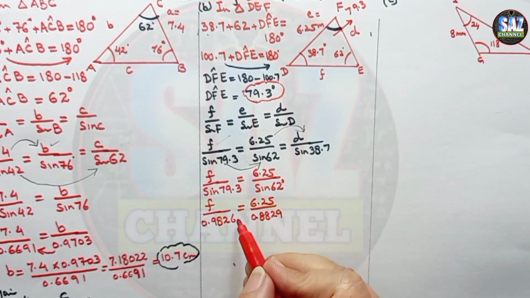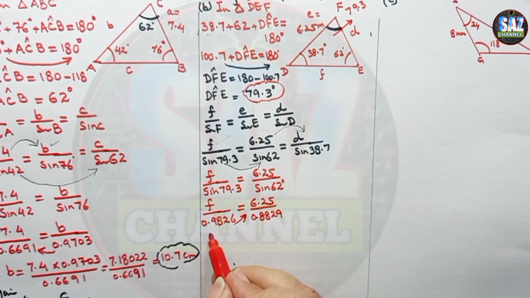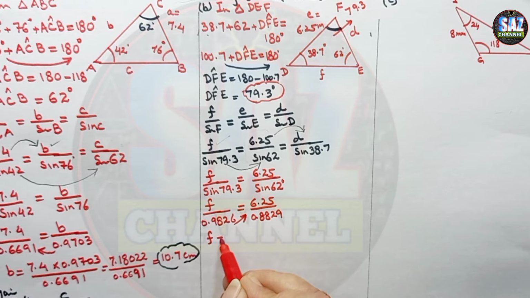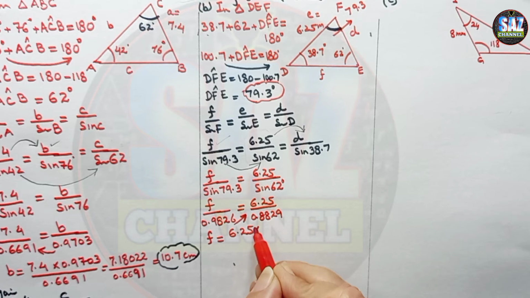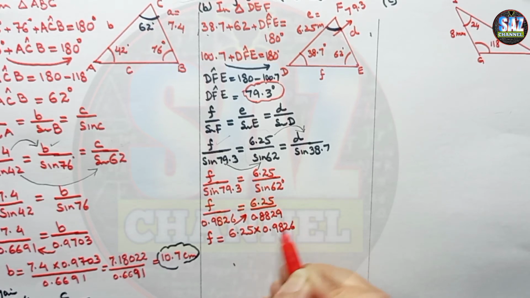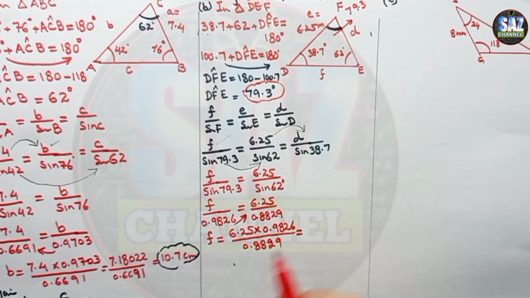Now I have to go for cross multiplication, and I will take 0.9826 to the other side, and the equation will take the form 6.25 multiplied by 0.9826 upon 0.8829.